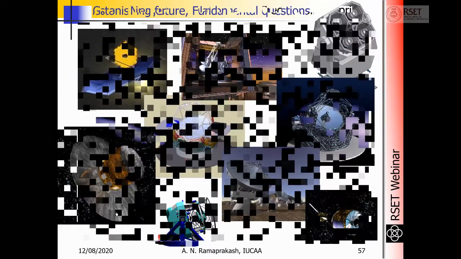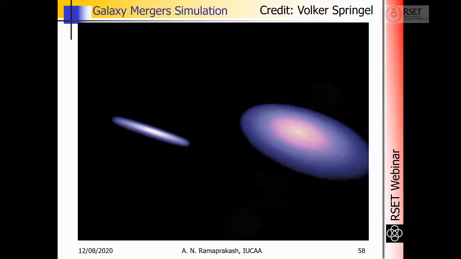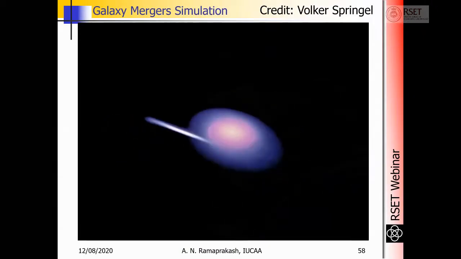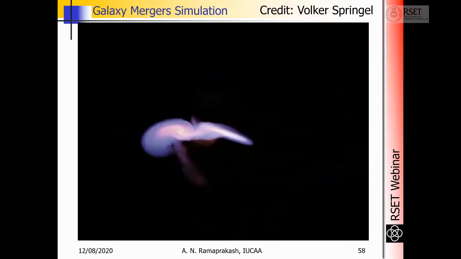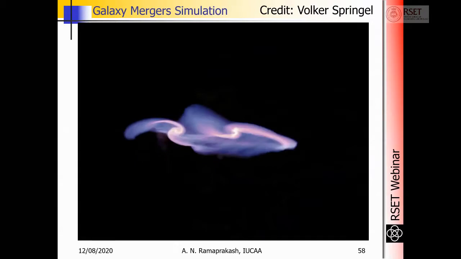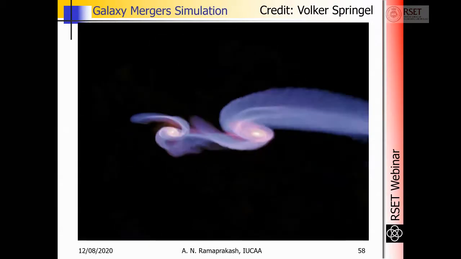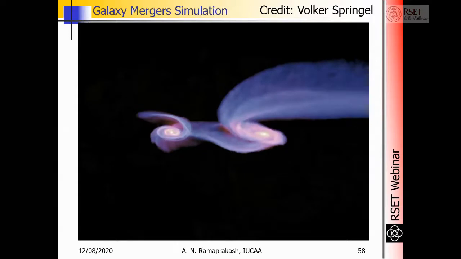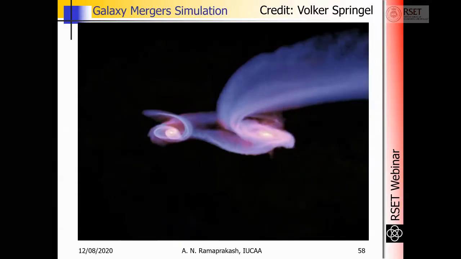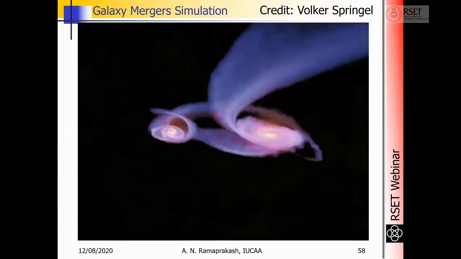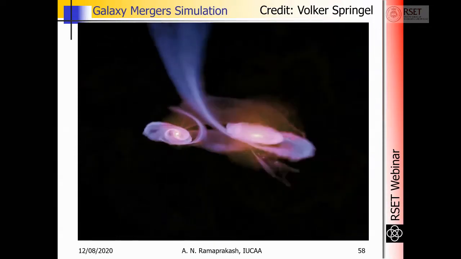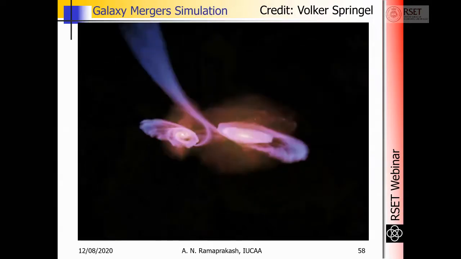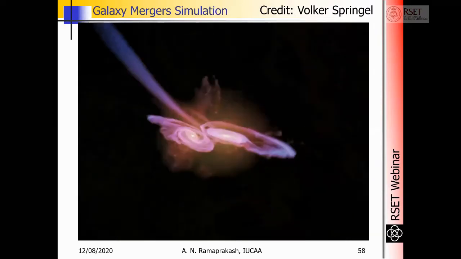Like we have probably all heard in folklore that our galaxy, Milky Way, and the Andromeda galaxy are moving towards each other and will eventually hit each other and finally form a different kind of galaxy. So this simulation, for example, is of two galaxies interacting together, the dance of the death of the galaxies. And this is going to take place over several hundreds of millions of years, or maybe even a couple of billion years.